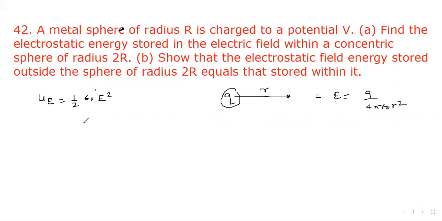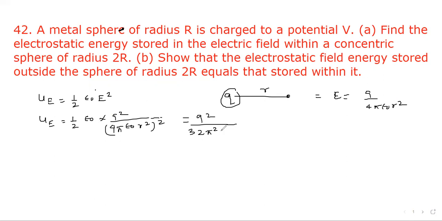So we can write here UE equal to 1 by 2 epsilon naught times Q square divided by 4 pi epsilon naught r square whole square. So this will become 4 over 16 over 32. This will become Q square upon 32 pi square times epsilon naught r power 4.